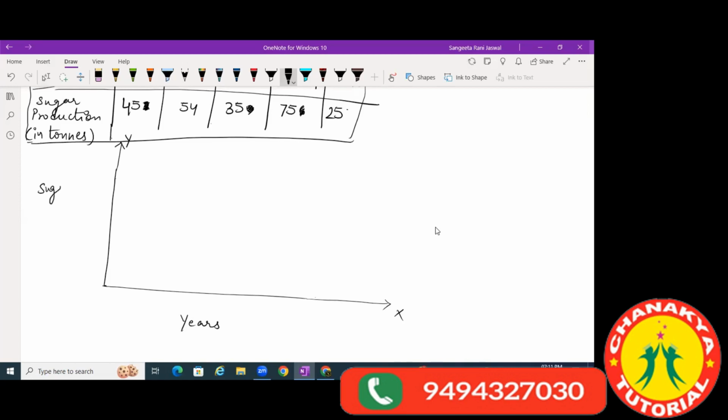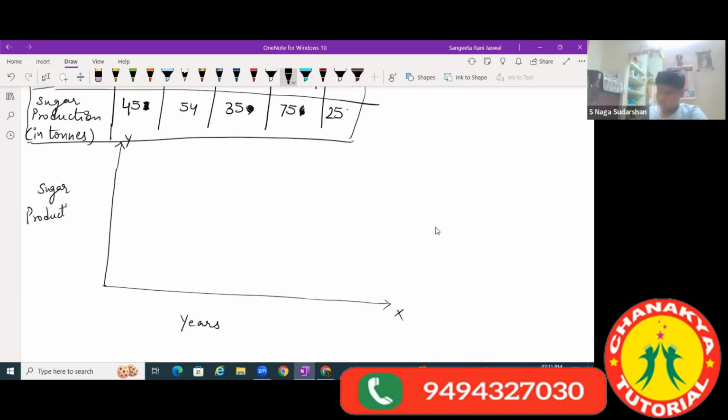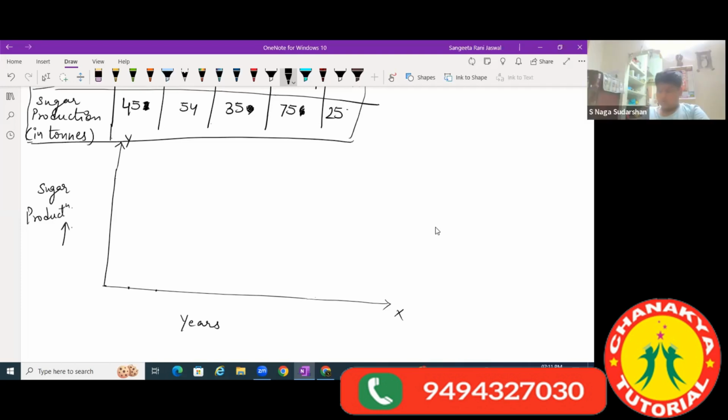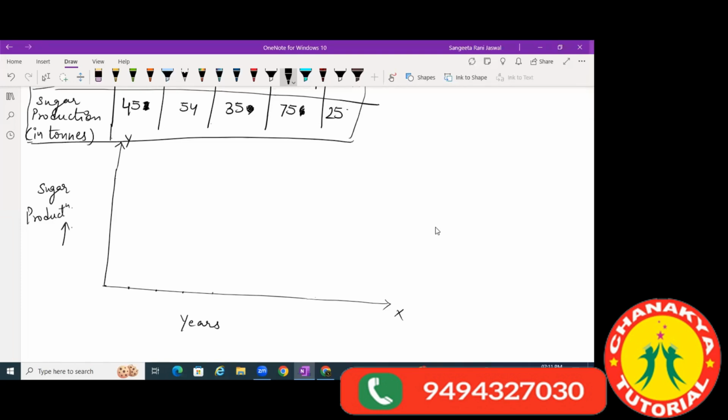So this is the y-axis, I'm taking sugar production. Okay. Now see how we make this. In your graph, after leaving one box here, that means 1 centimeter distance, you will put a dot here. And at every point you will put dots here, right?